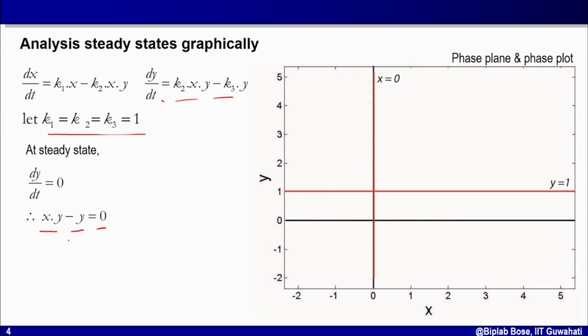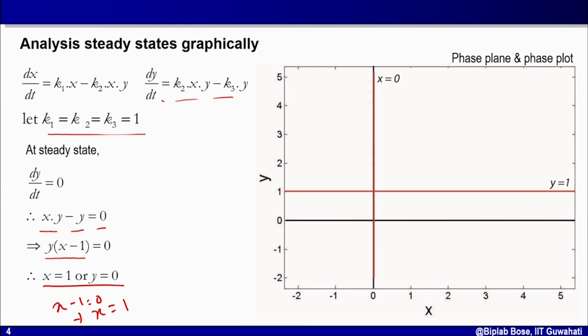Now I can solve this. Obviously I can take y common. So I get y into x minus 1 equal to 0. So either y equal to 0 or x minus 1 is equal to 0. That means x equal to 1. So I have two solutions, x equal to 1 and y equal to 0.